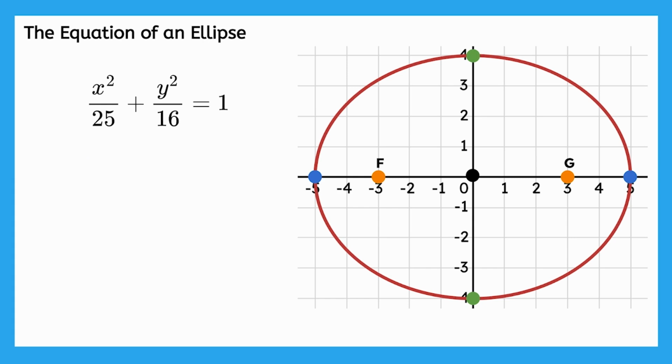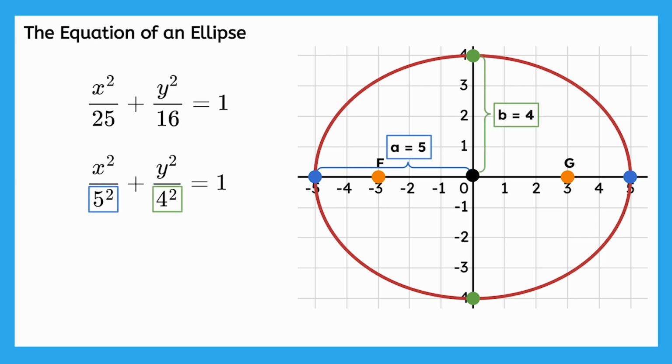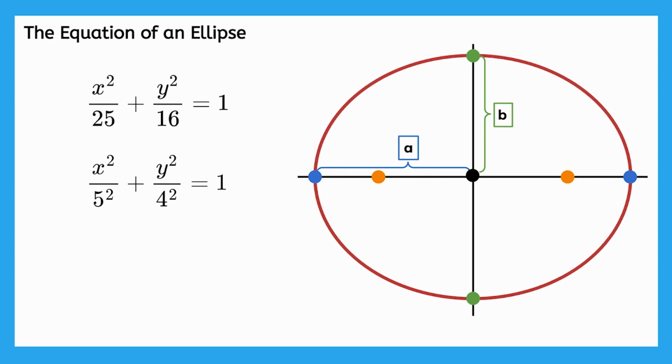Now, let's generalize the equation of an ellipse. We saw how these denominators were the squares of the major radius 5 and minor radius 4. So in general, what will be the equation for an ellipse with major radius a and minor radius b?